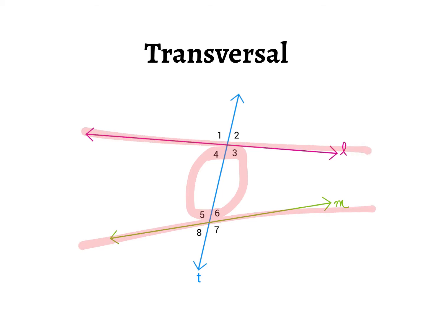We call these interior angles or inside angles because the 3, 4, 5, and 6 lie within the lines. Now, alternatively, if we're talking about angles that are on the exterior or on the outside, we're dealing with the other angles, 1 and 2, and 7 and 8, because those angles are on the outside of the 2 lines. So these are the keywords that we want to be able to identify in a transversal.